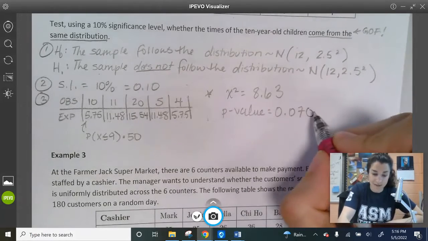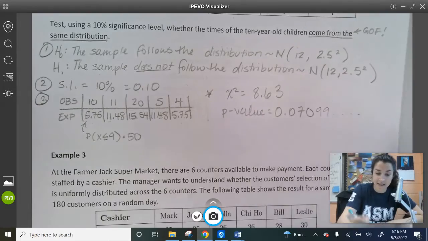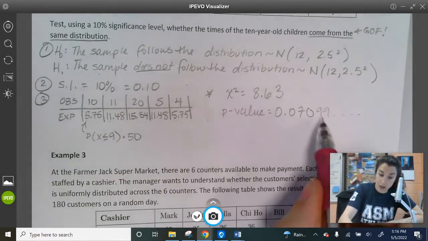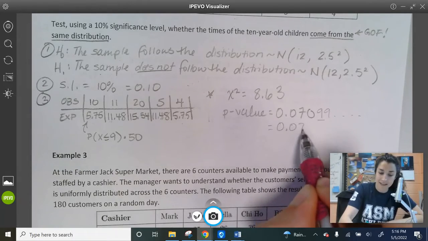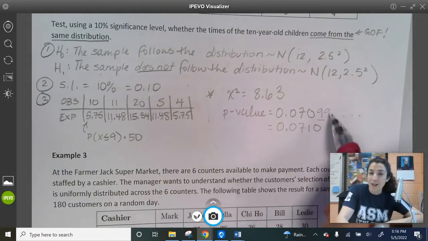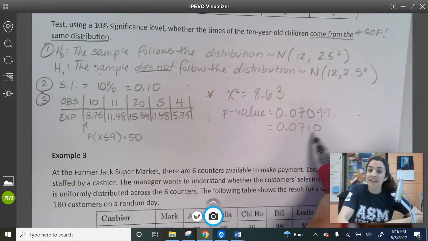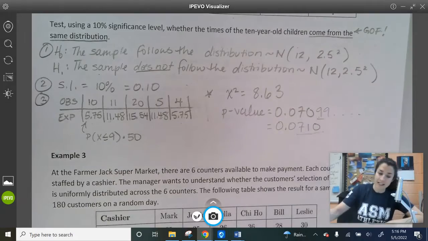Oh, that one's a tough one to round. So it's 0.7099... So 3 sig figs means that our third sig fig would be here, right? So that'd be 0.0710, which is 3 sig figs, which is very weird, but it's because this would have rounded up to 10. And so to still make it 3 sig figs, we would have to put in that extra 0 at the end.